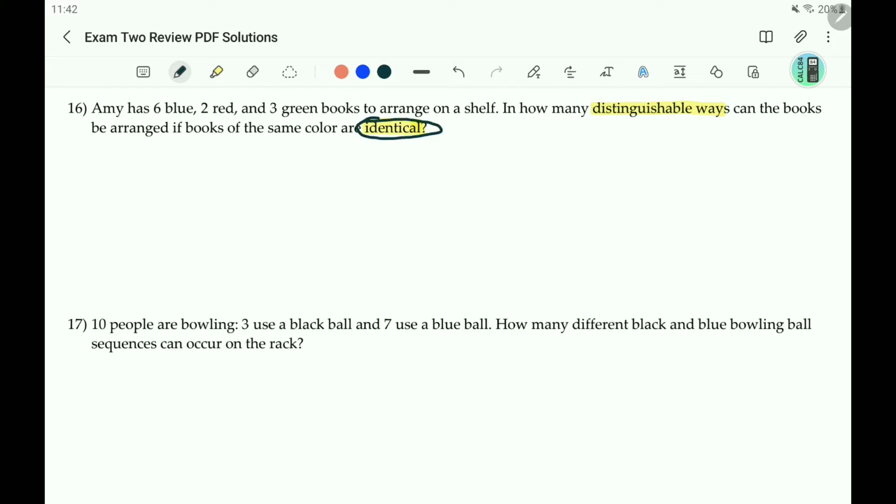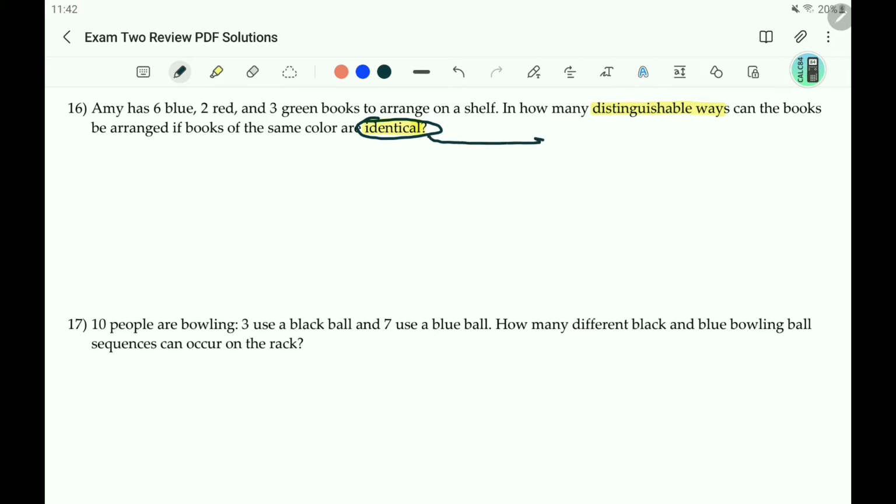When you're trying to arrange items, and items of the same group or characteristic are considered identical, you're going to use what is known as the distinguishable permutation formula, or the permutation formula for alike objects. The key word in this case is being alike, being identical.